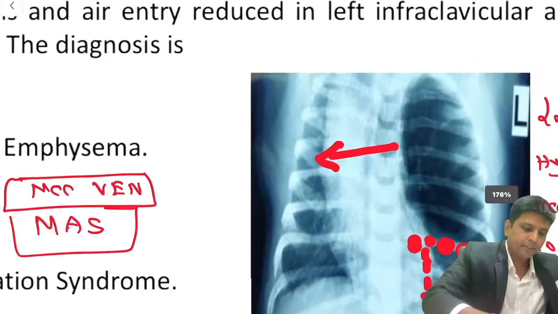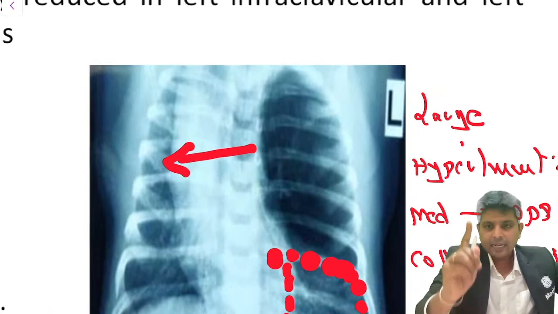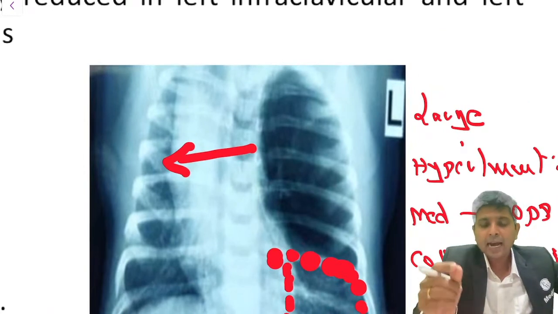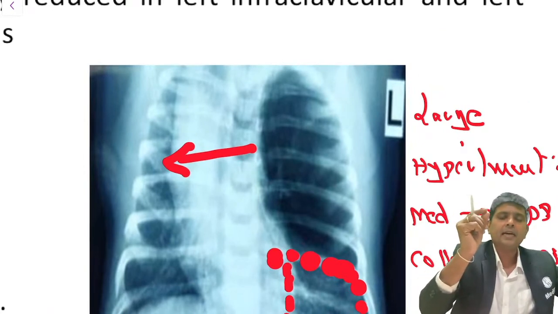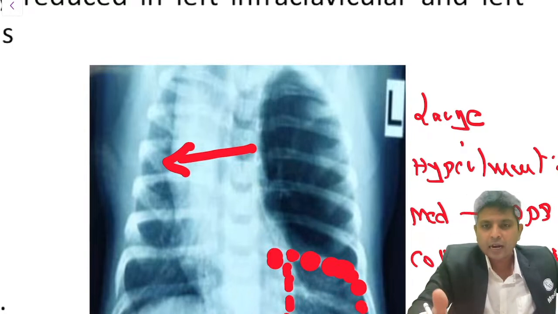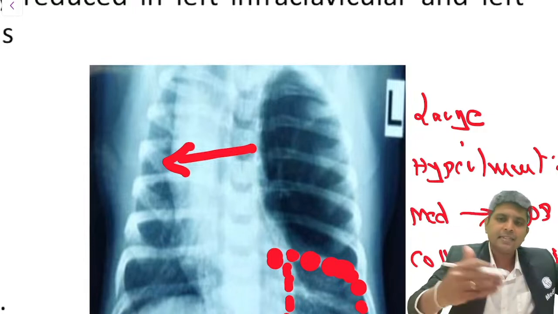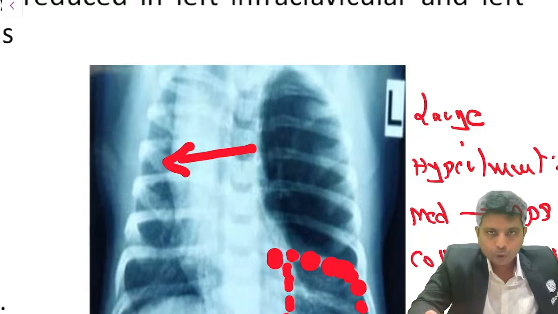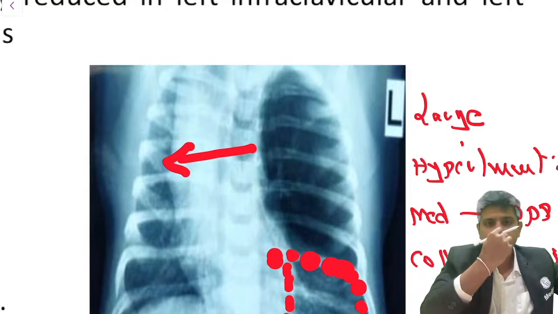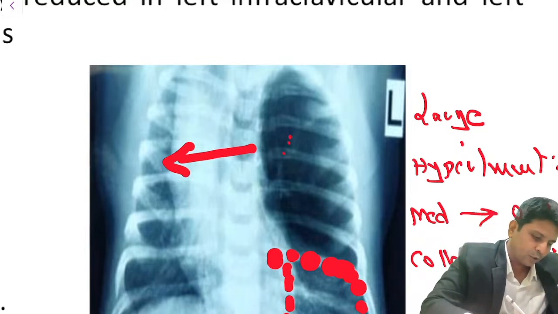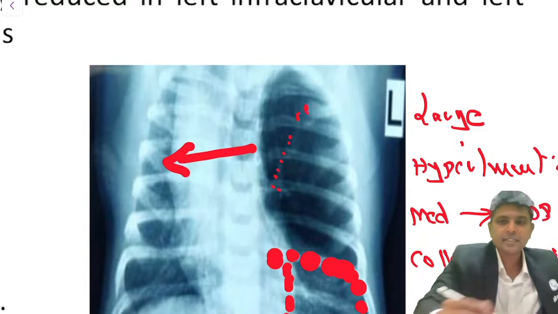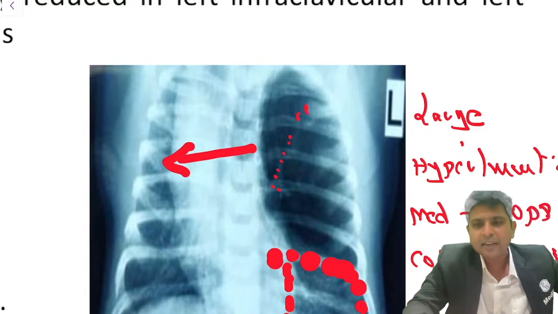And apart from that, look at this. In pneumothorax, air is collected in the pleura, so you can't see a vascular marking. But in congenital lobar emphysema, air is collected in the alveoli, so you can see a pulmonary vessel. Here, these white structures that are seen are pulmonary vasculature.